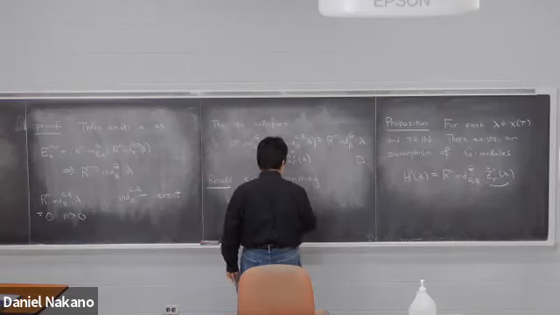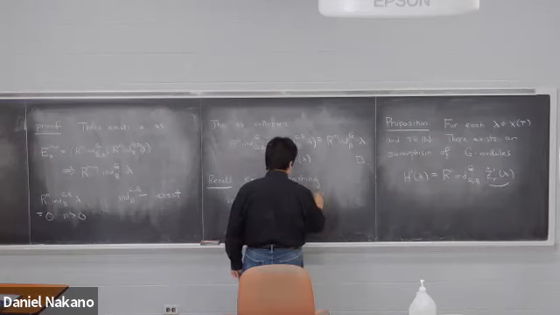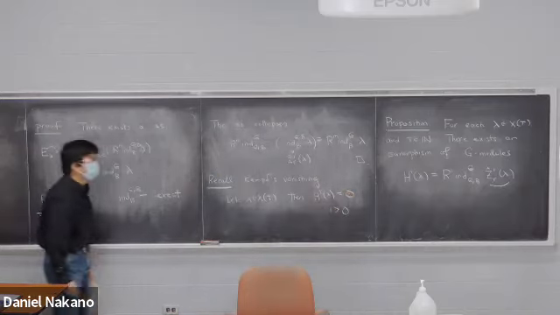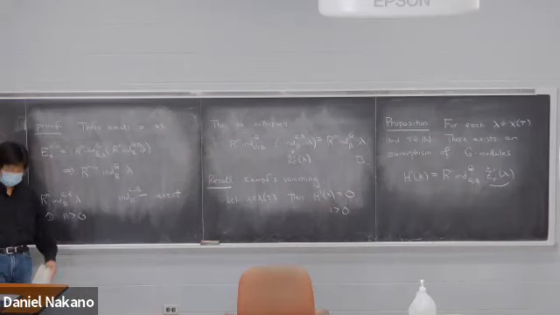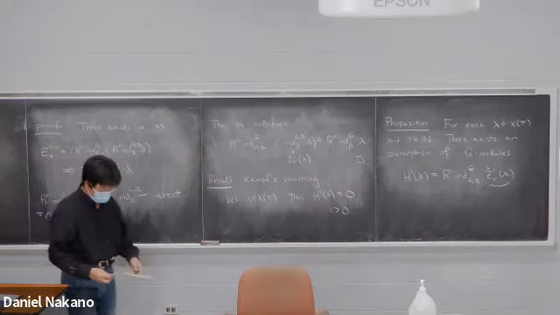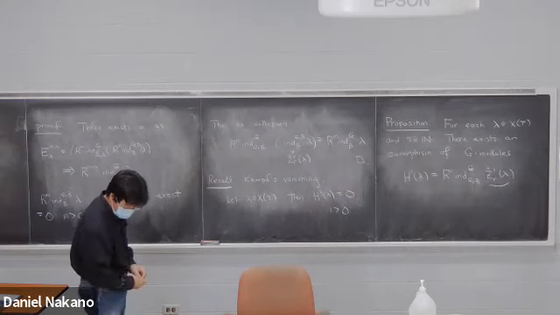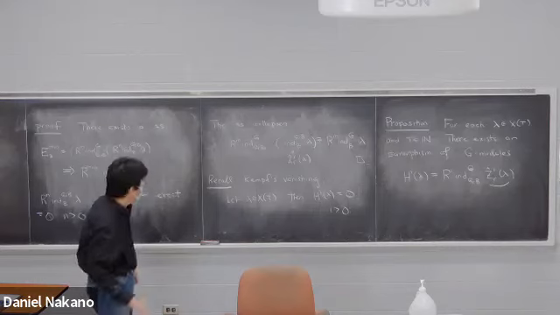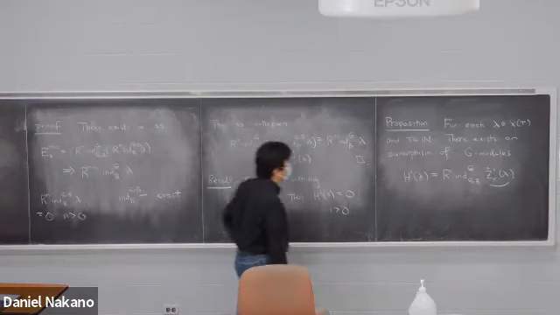Then, if I take the higher cohomologies, this is 0 for i strictly bigger than 0. Okay. All right, now what I want to do is look at the H zeros.